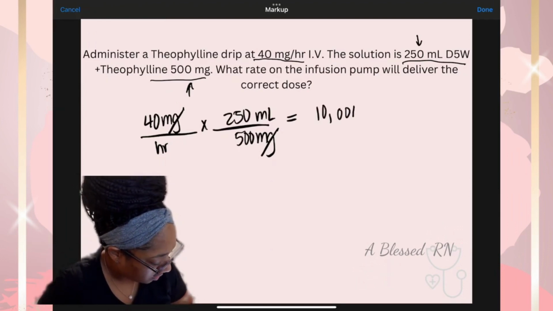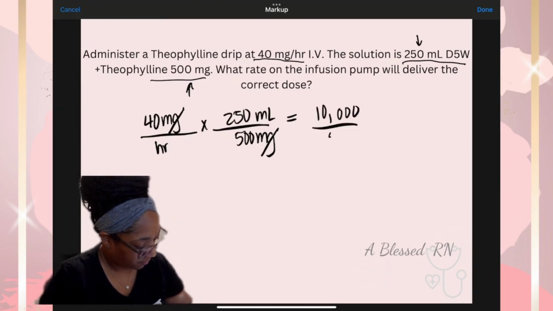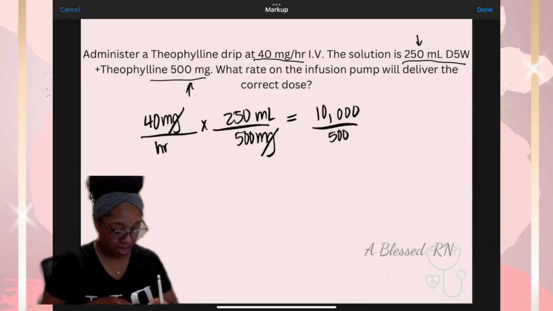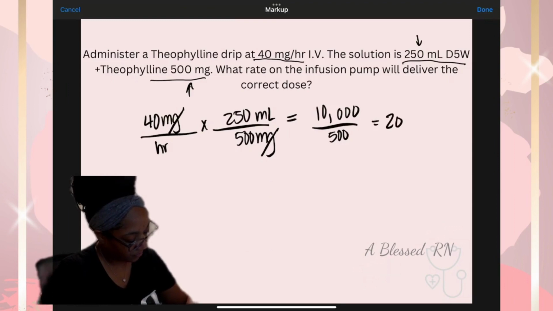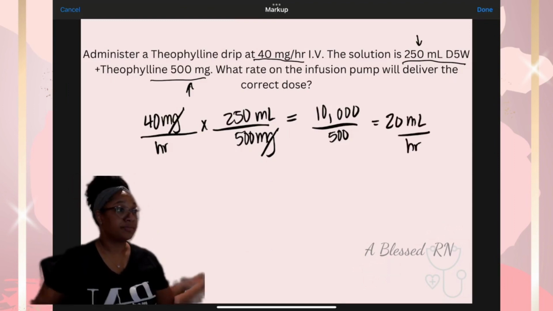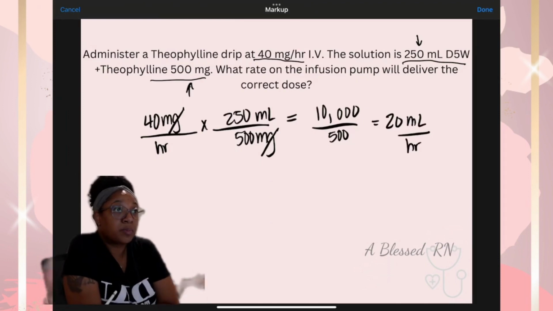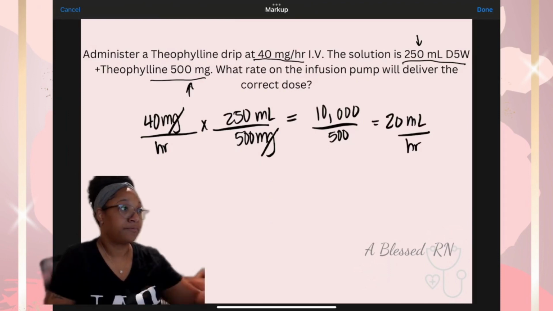Let's say you got to count your zeros and then divide that by 500, and what are you going to get? 20 milliliters per hour. Okay? And that's what you set your pump up to, 20 mLs per hour.